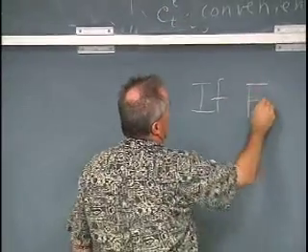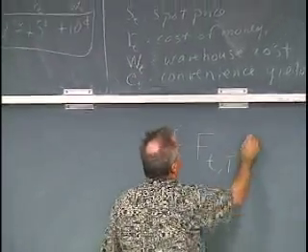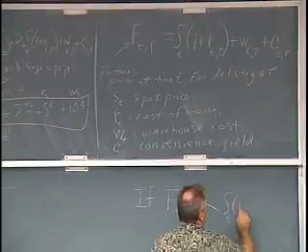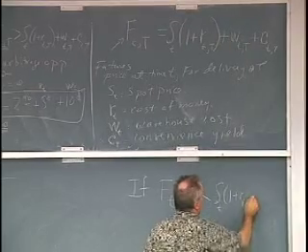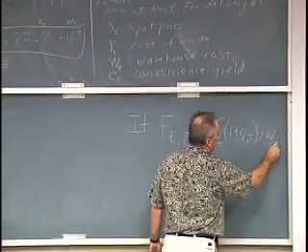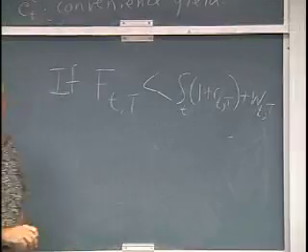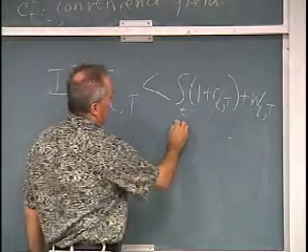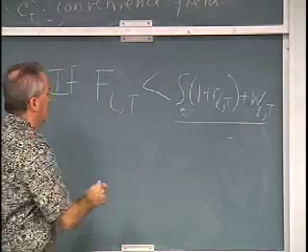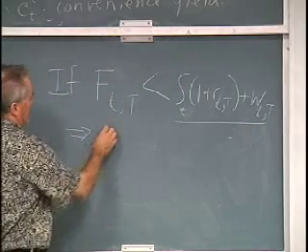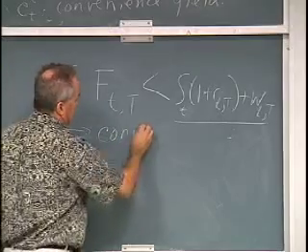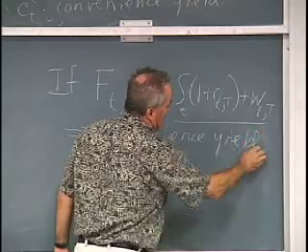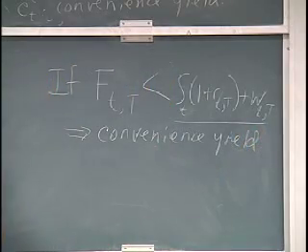If the futures price is less than the spot price plus the cost of carrying the spot, then that implies that convenience yield exists.